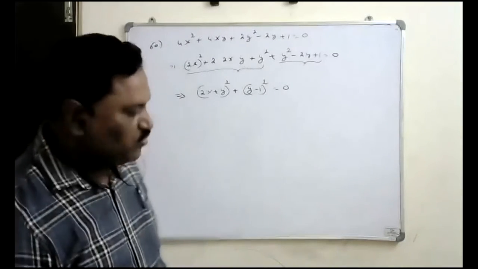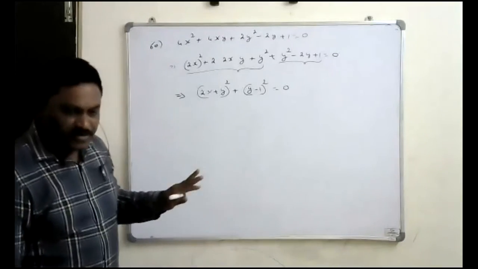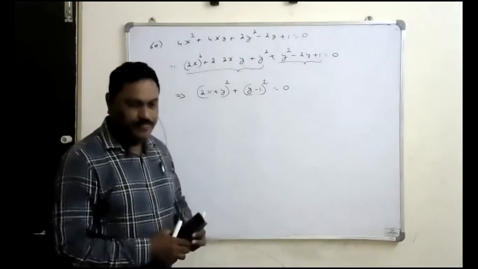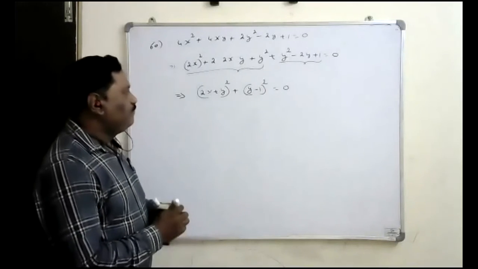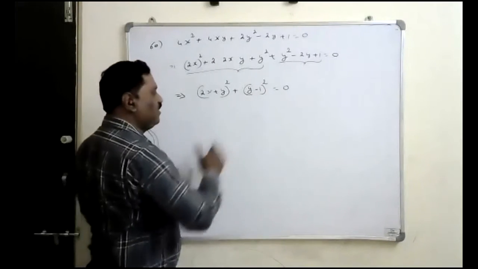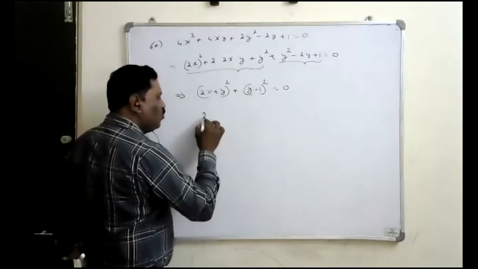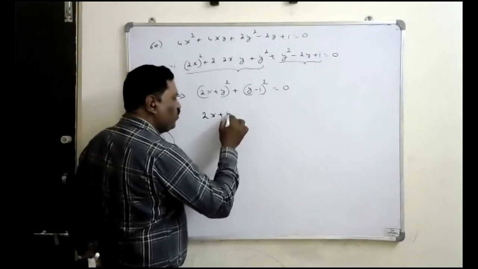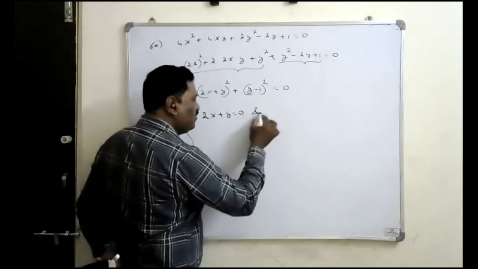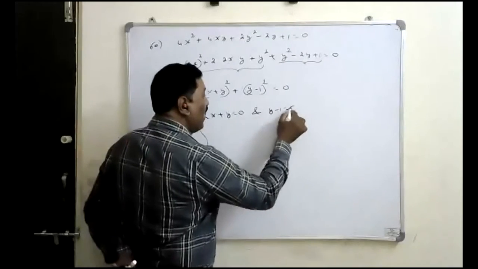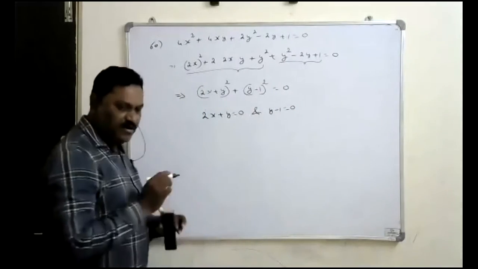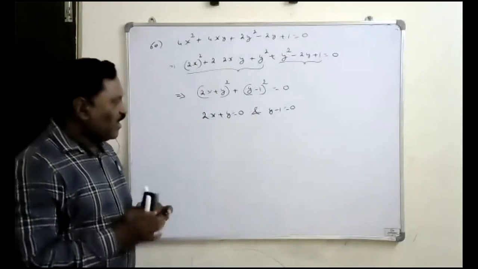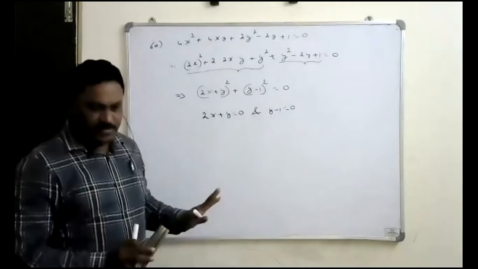No. It is possible only when both expressions are zero. Therefore, this is possible only when 2x + y is equal to 0 and y − 1 is equal to 0. Here they are using the symbol 'and', not 'or', which means both of them must hold.